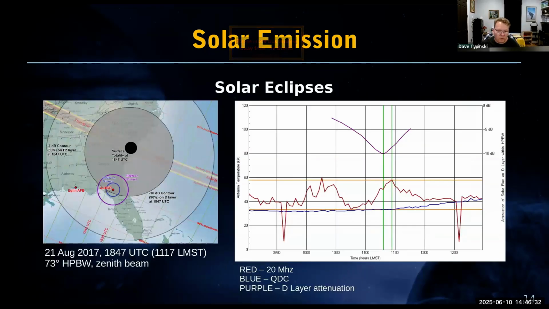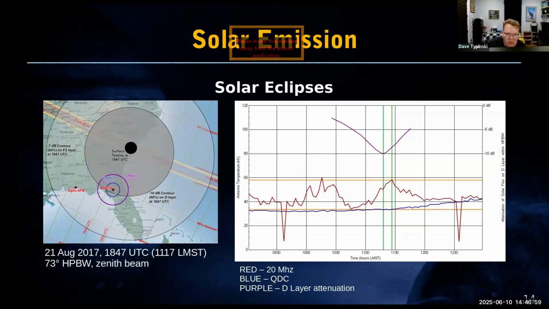And here's one thing Chuck mentioned earlier, solar eclipses. This was the one from 2017. You could see AJ4CO in Florida there, and Eglin's on the map because they had a riometer at the time. And the little black dot, that's totality at closest approach to the station.